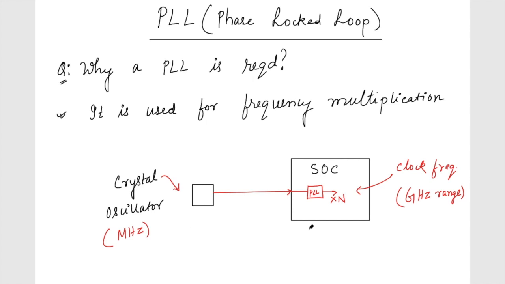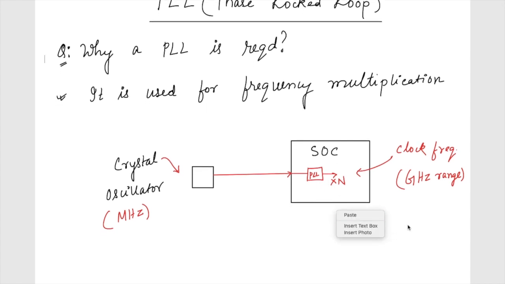The crystal is very pure, whereas the VCO inside the SoC may be noisy. In fact, one of the main purposes of using a PLL is to reduce the noise of a VCO or a free running oscillator inside the chip.